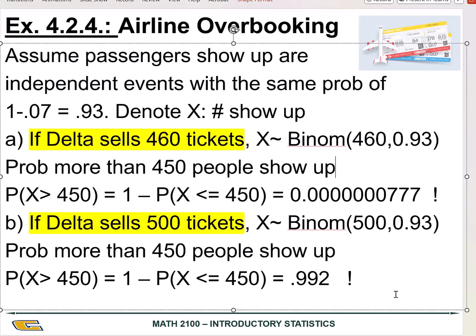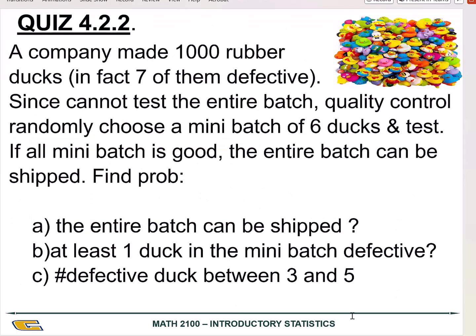They can use to get the optimized number they should decide, for 60 or for 70, to maximize the revenue. Also, they try not to get embarrassed by the anger from the customers, right? So here we see an application of the binomial distribution in a real-life problem, in airline overbooking, okay.